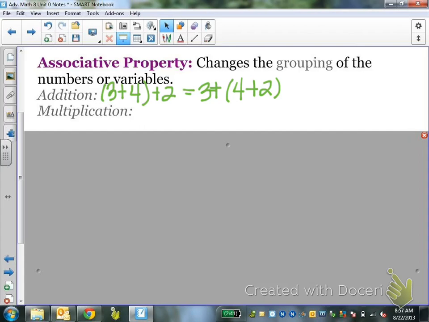It's the same as saying, for example, 2 times 5 times 3 on the outside. Now, if I were to regroup that, it would be 2 on the outside times 5 times 3. They are equal to each other. So the order stays the same, but where we put the parentheses is different.